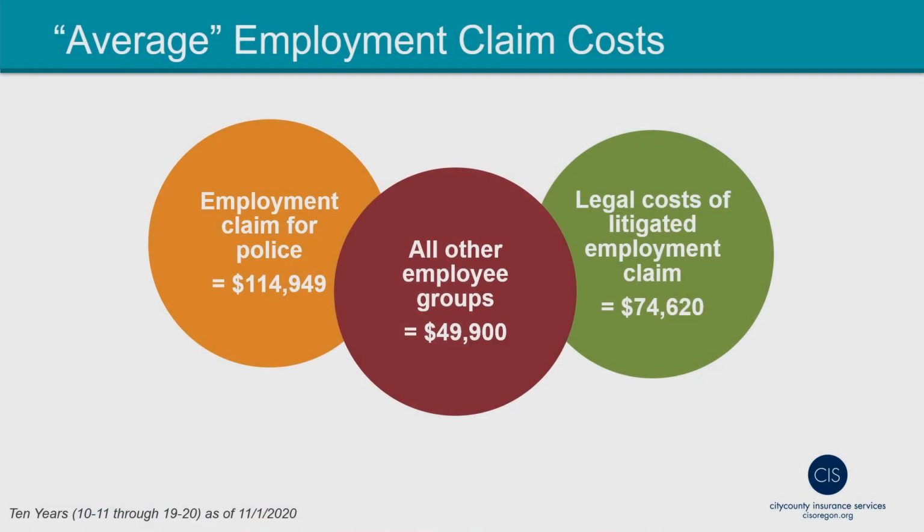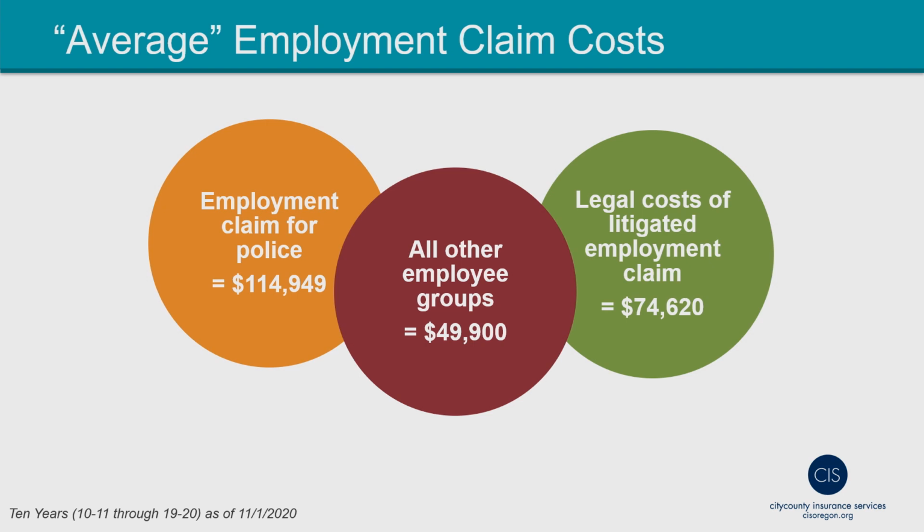So employment claims cost, because those are still occurring at a fairly high rate, even though the severity has come down. Just so you know, the legal cost of a claim that does not go into litigation, so a lawsuit isn't even filed, but the person makes a claim, we're looking at $50,000.